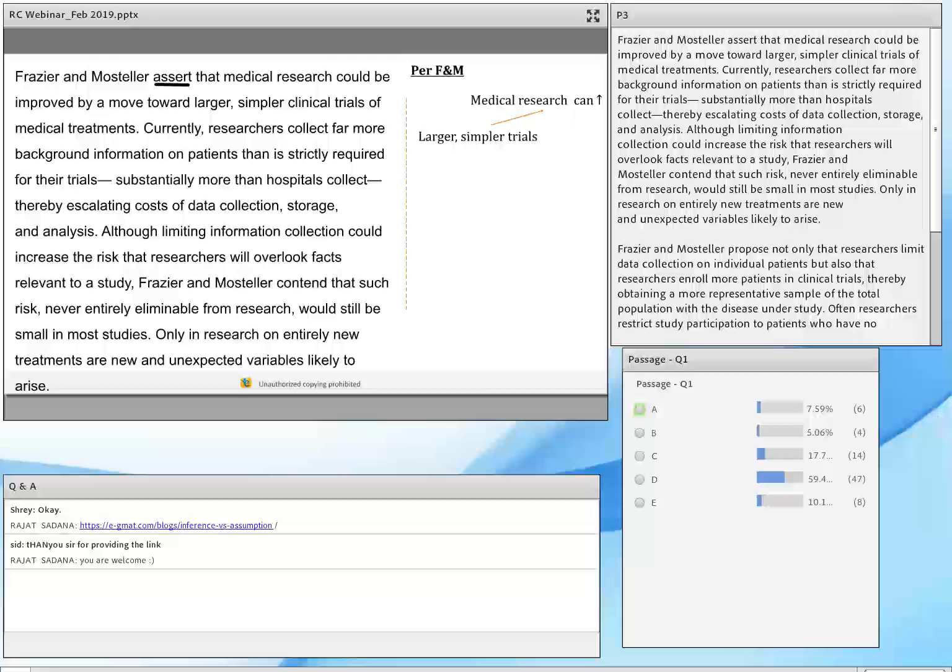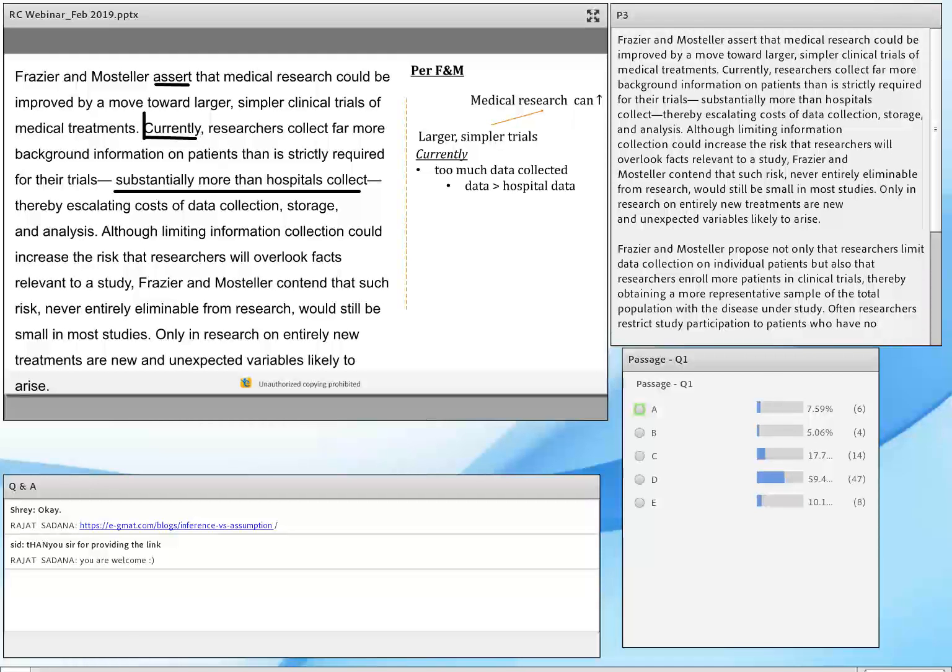Now let's look at the next piece. Currently, which means at present, researchers collect far more data than is strictly required for their trials, substantially more than hospitals collect. So this explains how much more data researchers collect, thereby escalating the cost of data storage and analysis. This is what the author is saying, because you don't see anything before this.